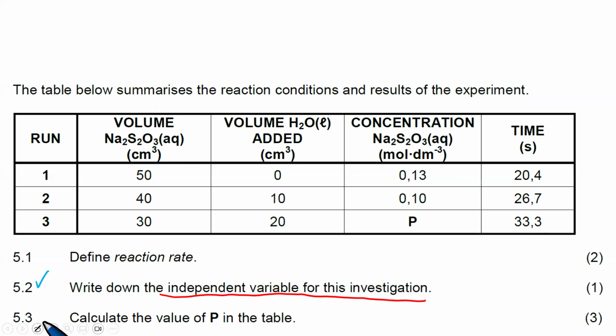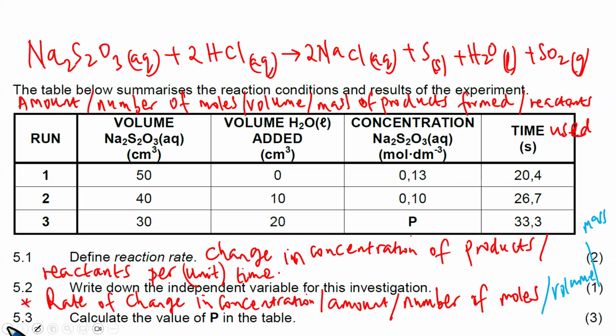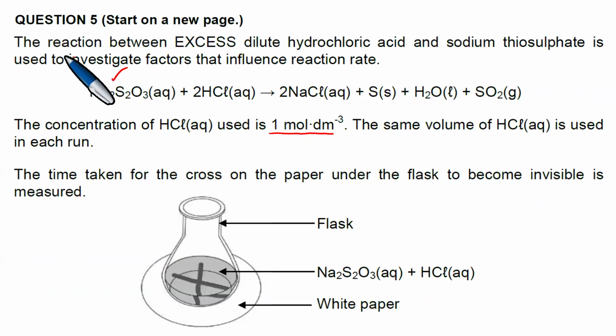You'd remember in the beginning, the reaction between excess dilute hydrochloric acid and sodium thiosulphate is used to investigate factors that influence reaction rate. The concentration of the hydrochloric acid used is 1 mole per cubic decimeter.